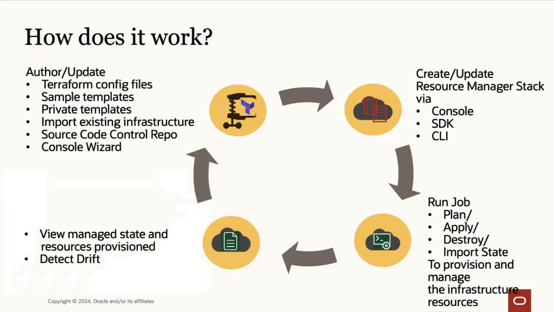The first step is obviously authoring your Terraform configuration files, which will describe your infrastructure. There are several different ways you can create a stack, which is the entire collection of resources that you want to deploy. You can start with bringing in your own template definition. You can also start with sample templates that we have on the console, or you can import existing infrastructure in a single click.